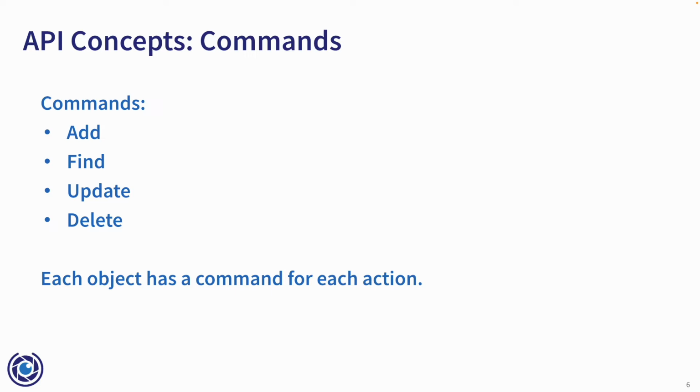For each type of object in the ApertureDB API, there is a command for doing an add, find, update and delete. So for example, in the case of the image type of objects, you will find that our interface provides commands for doing add image, find image, update image, and delete image. And the same is true for the other types of objects that are part of the ApertureDB interface.